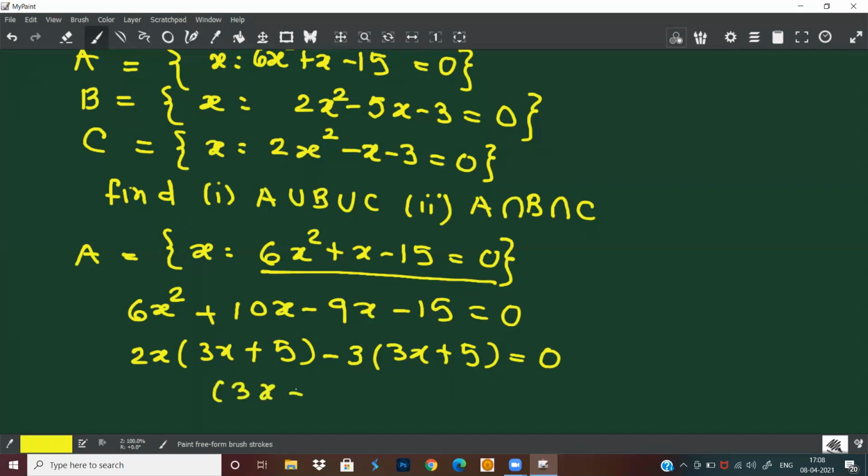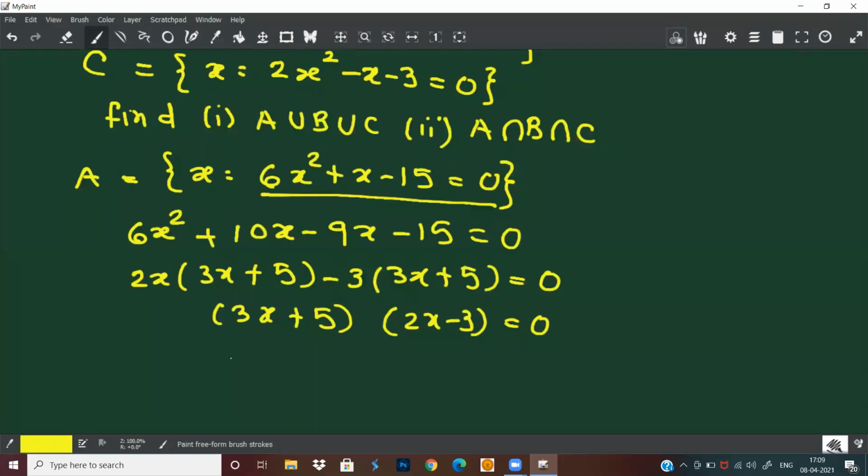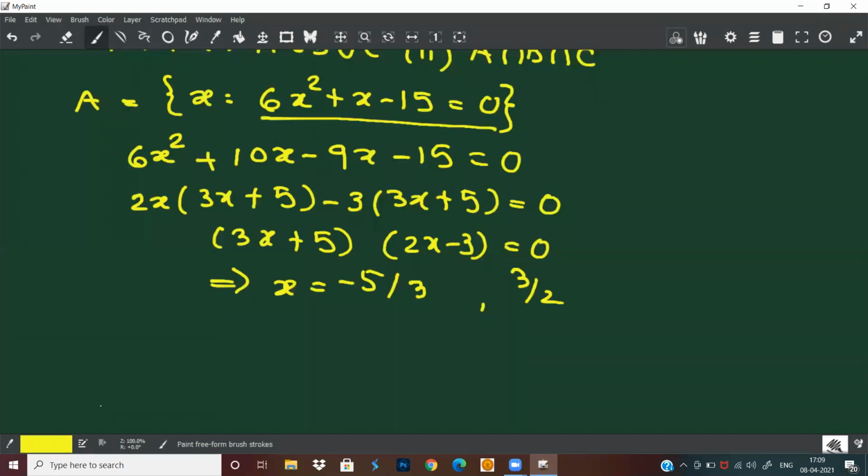So I'm not writing therefore sign and all now. Chalega. So x के values के आगे -5/3 and 3/2. Everybody got this? So your set A in set builder method is this.